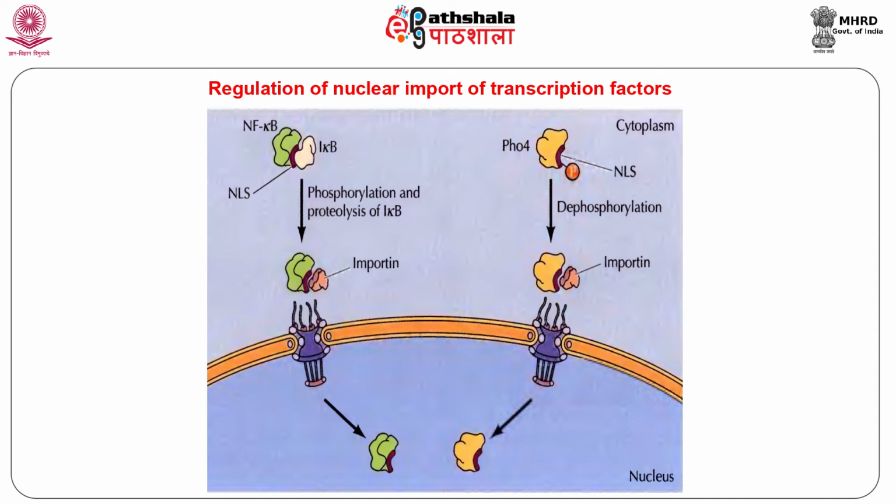This phosphorylation renders Pho4 inactive and inhibits nuclear import of Pho4. Whenever regulated dephosphorylation of this site takes place, it activates Pho4 and then it can be transported to the nucleus.